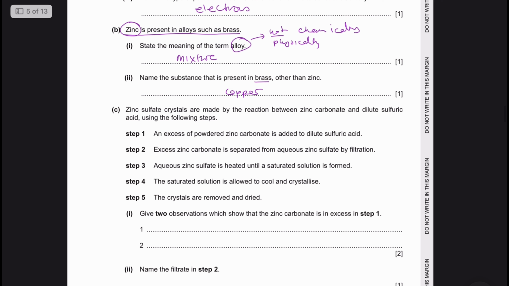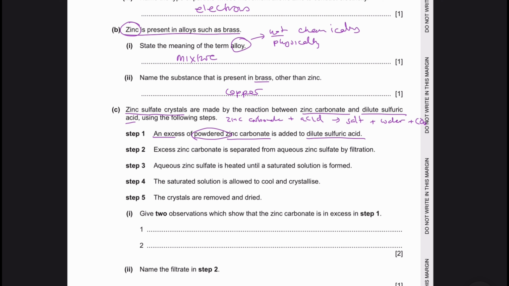So now we've got some steps of an experiment. Zinc sulfate crystals are made by the reaction between zinc carbonate and dilute sulfuric acid, using the following steps. An excess of the powdered solid zinc carbonate is added to dilute sulfuric acid. Let's just write this out. So we've got zinc carbonate plus acid is going to make a salt, water, and carbon dioxide, as always, CO2.